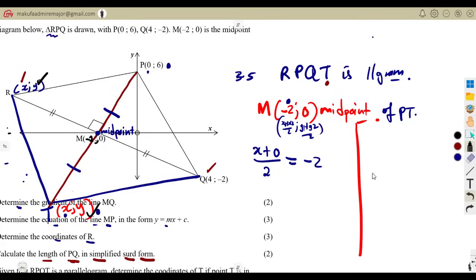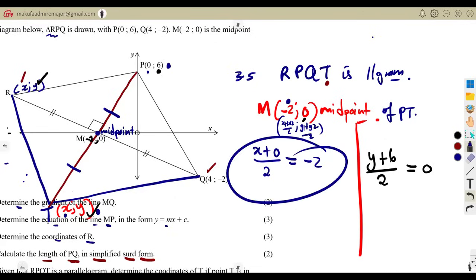The y value at T, which is y, plus the y value at P, which is 6, over 2, must give us the y value at the midpoint M, that's 0. So there are two equations where you can solve for x and y.